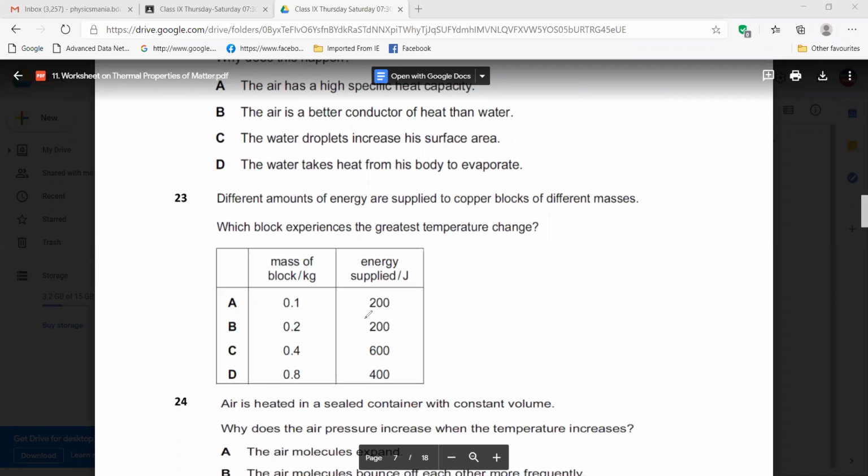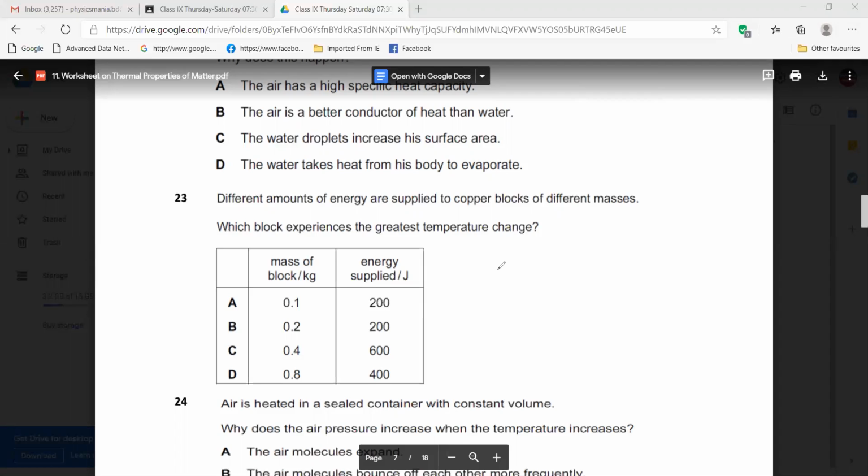So 200 by 0.1, 200 by 0.2, 600 by 0.4, then 400 by 0.8. All of them you have to calculate, and check which one is giving you the greatest answer. That one is the greatest temperature change.